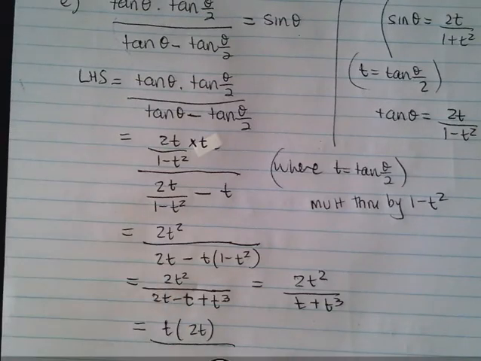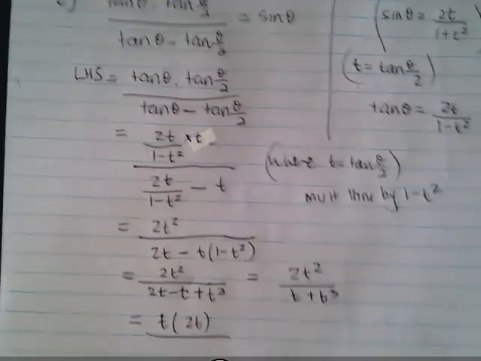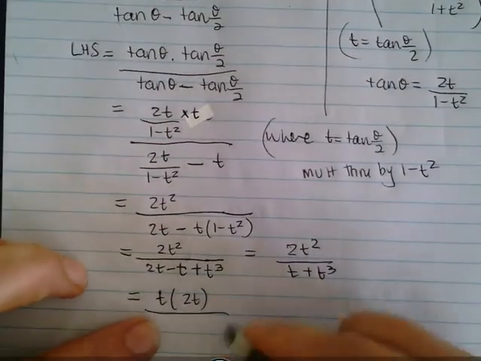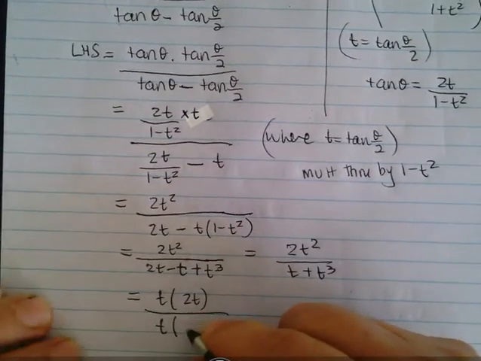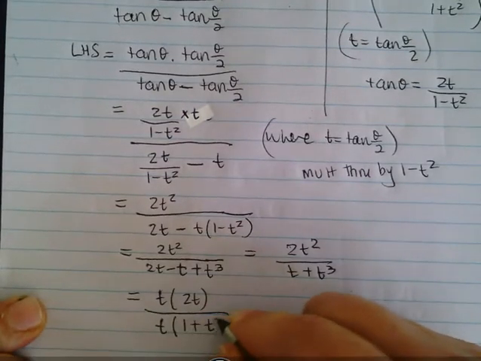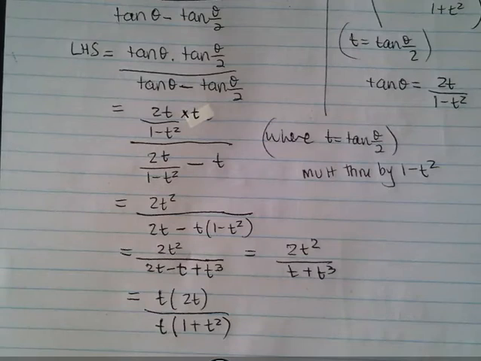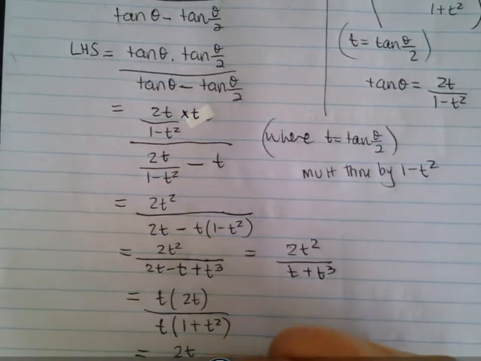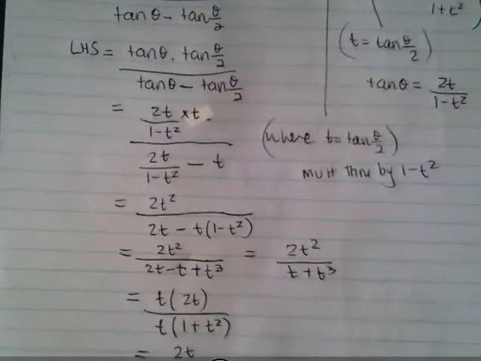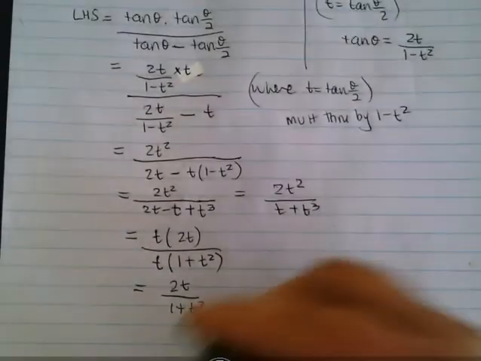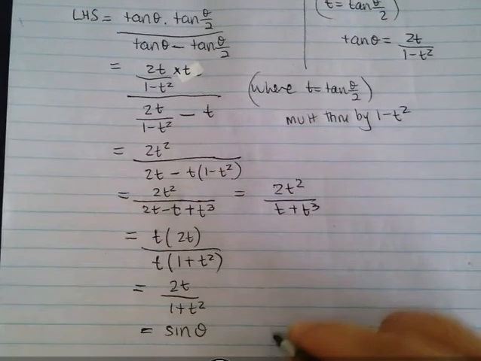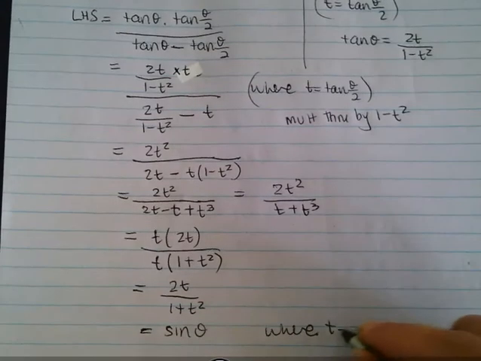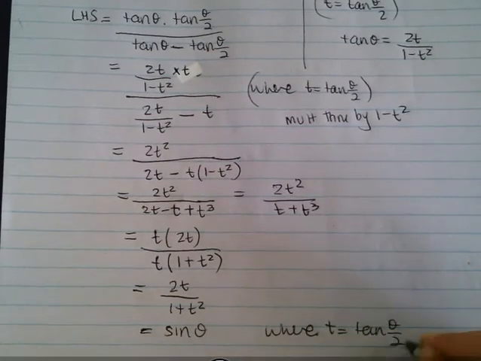Because 2t minus t is t. So it's t bracket 2t over t bracket 1 plus t squared. That looks familiar. Which is 2t over 1 plus t squared, which is the result for sine theta, which equals sine theta where t equals tan theta on 2.